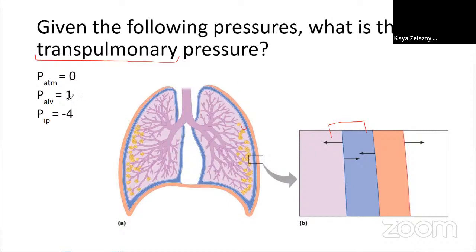All we do is subtract the intrapleural pressure from our alveolar pressure. So if we do that, 1 minus -4, we get a transpulmonary pressure of 5. So this is just telling us the difference between those two numbers.